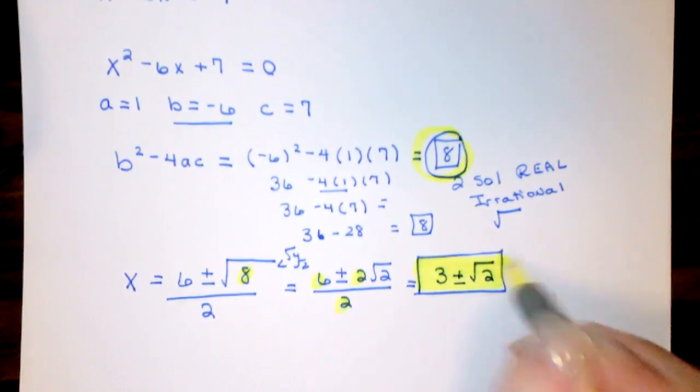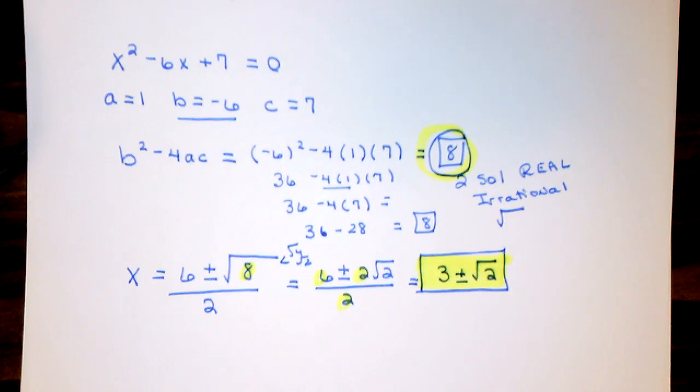So quadratic formula shouldn't be too bad. We'll do one more with quadratic formula, and then we'll finish up with some of the literal equations. So let's try this one because I want to talk about the negative part.